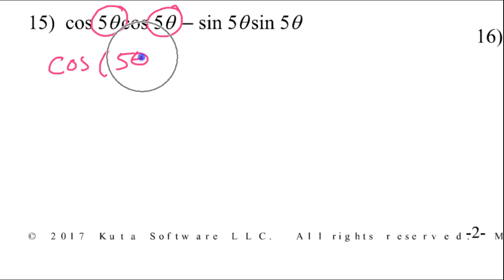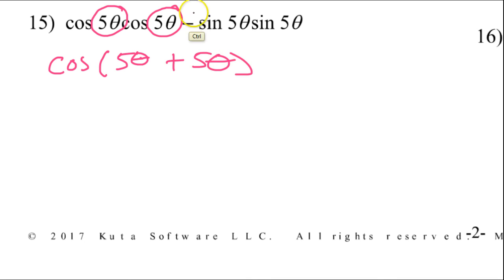Cosine, cosine minus sine, sine. That is the cosine formula, where the two angles involved are 5 theta and 5 theta. That's a little weird. Anyway, so this will just be the cosine of 5 theta plus 5 theta.